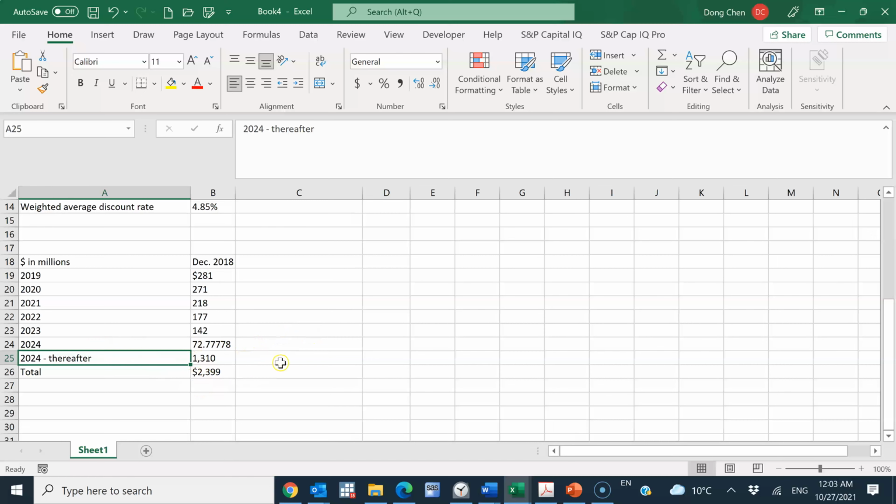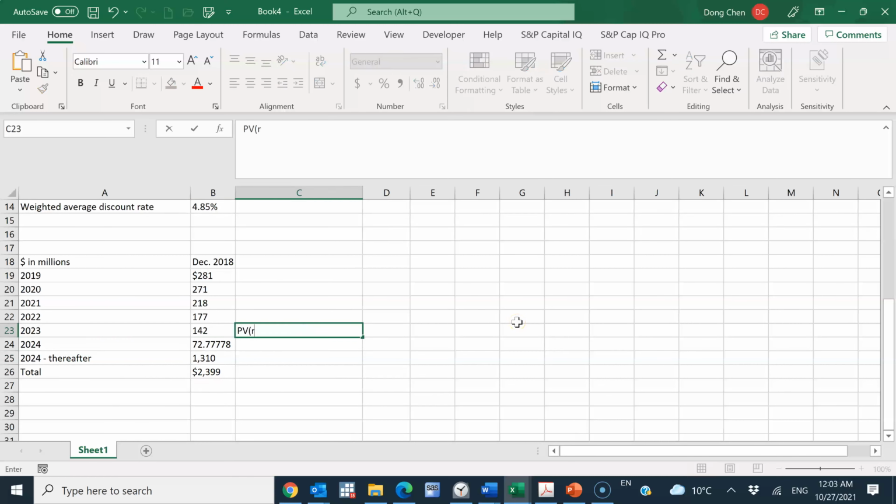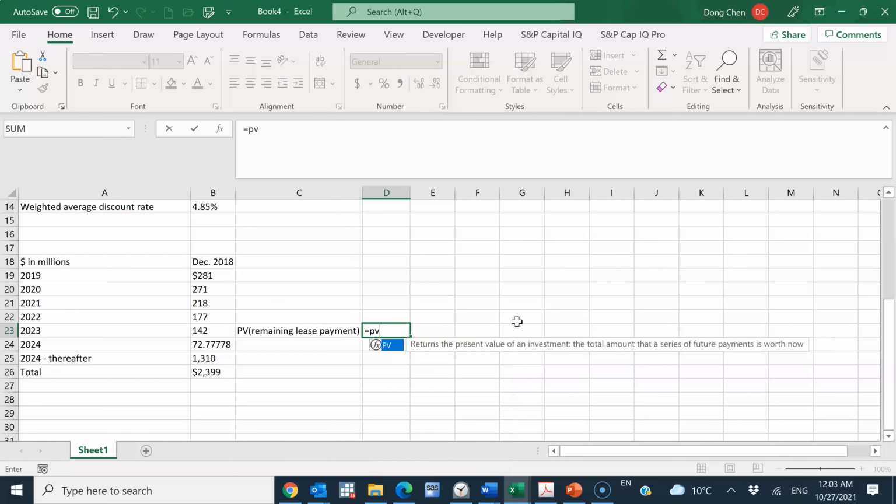And so similar to what I did earlier, I can just write this as PV of remaining lease payment, right? So this will be PV, and rate will be the same as before. And the second argument here is 18, right?